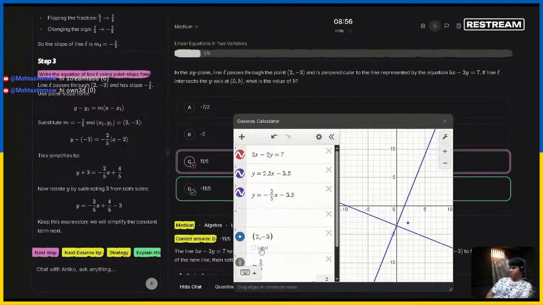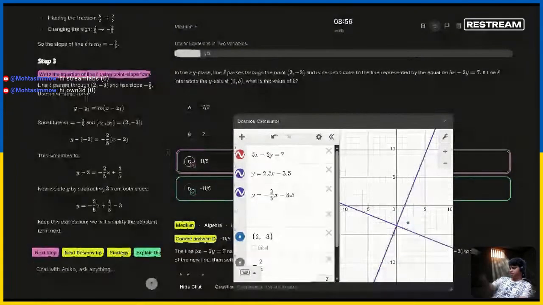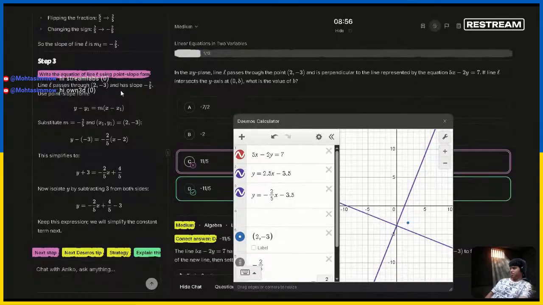No. Line L passes through 2, negative 3. No, it doesn't, bro.